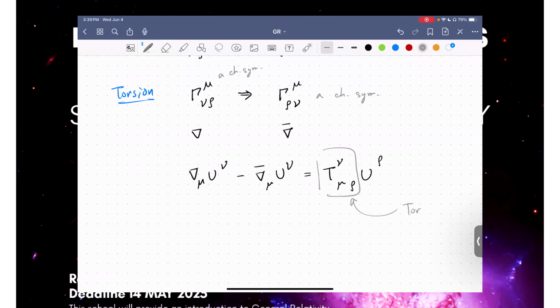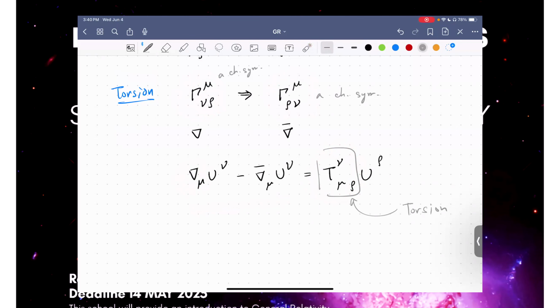I mean, the name of this tensor is torsion. Okay. And as you can see, associated with any covariant derivative, there is going to be a particular torsion tensor, right? Because any covariant derivative comes equipped with a Christoffel symbol. From any Christoffel symbol, you can define another Christoffel symbol simply by swapping the positions of the two indices. And then by taking the difference, you can get this tensor.